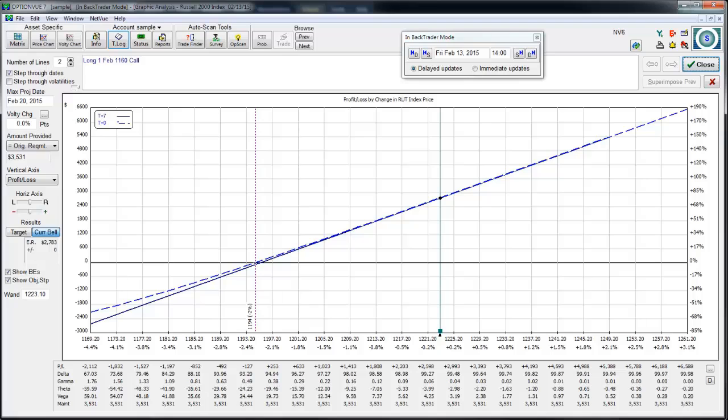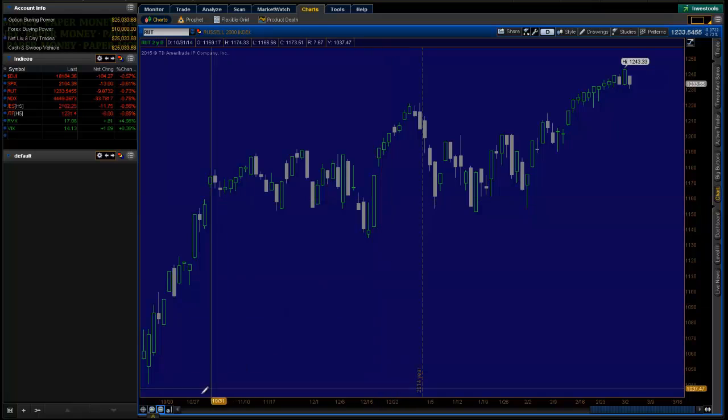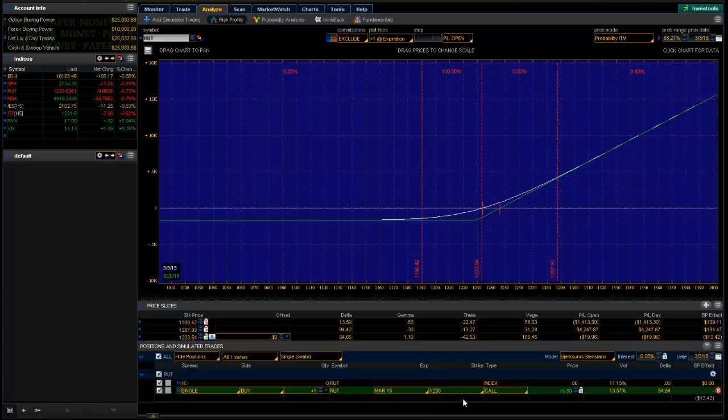Okay, so the reason why I want to spend quite a few minutes talking about that is this software, this OptionVue platform, lets you walk through a little bit more rapidly. When I first started talking, this was trading for $17 and then went up to $17.10 and now it's $16.60.